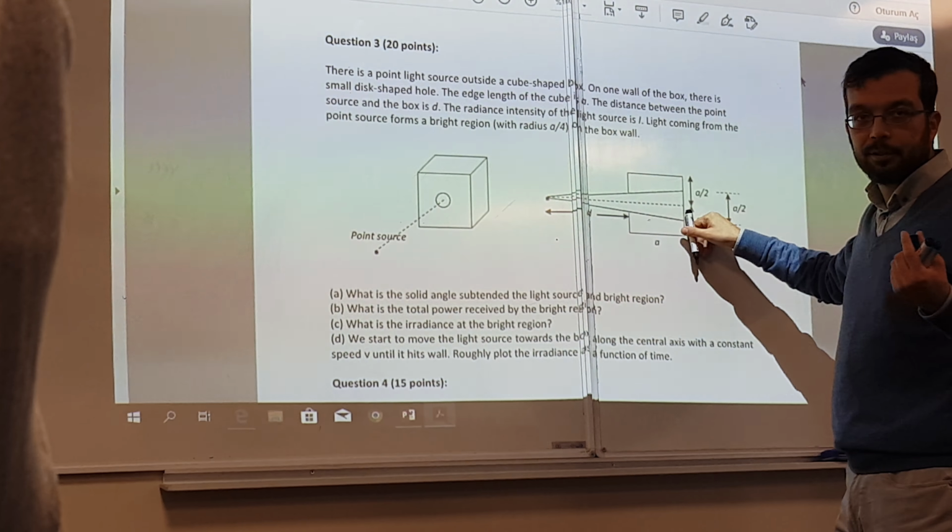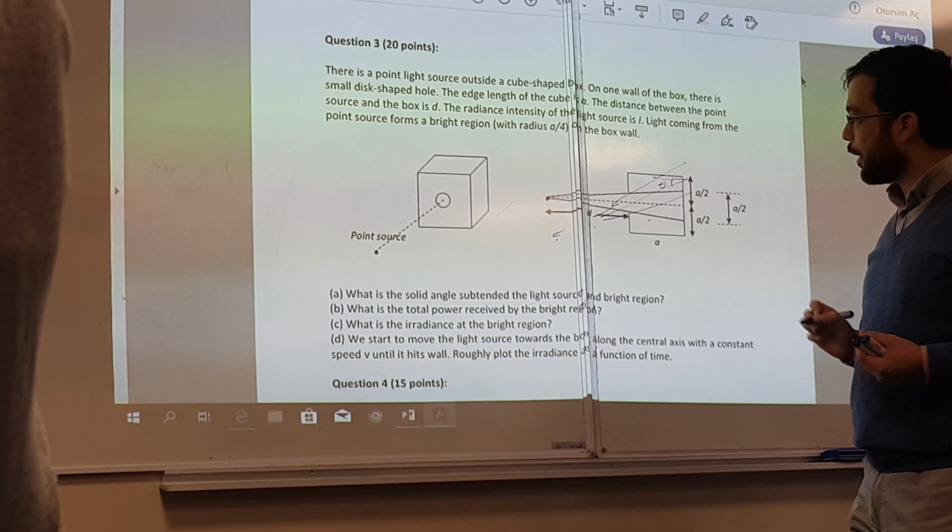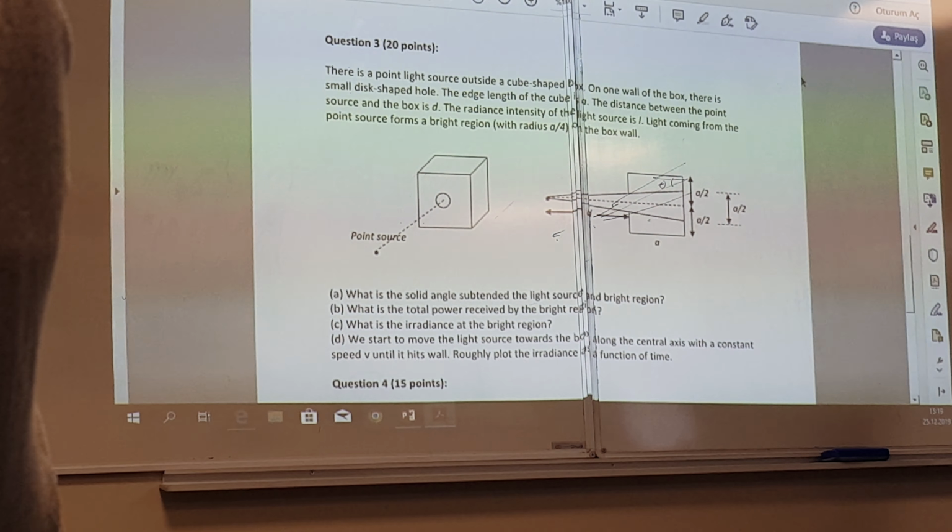But it could have been something like this, maybe with an angle. In that case, this is the direction, this is the surface normal, then there will be some angle. So you need to take care of that.